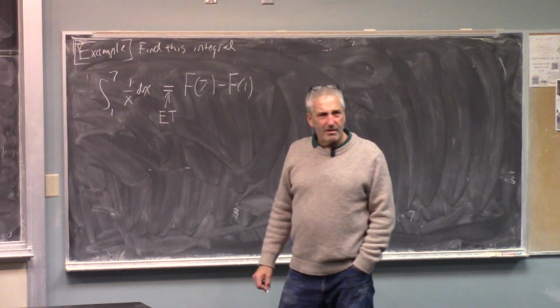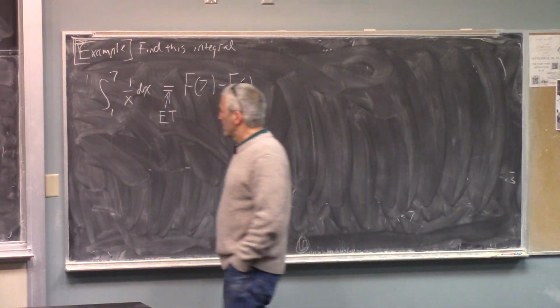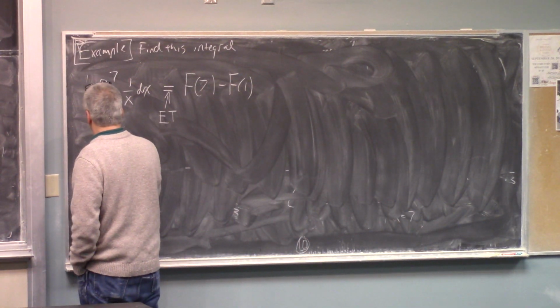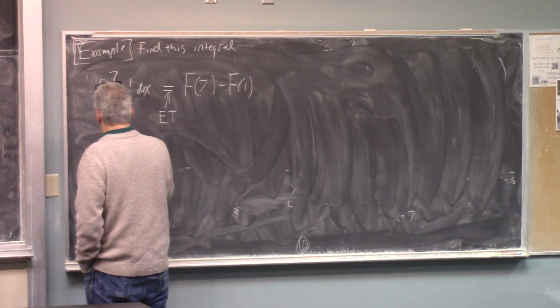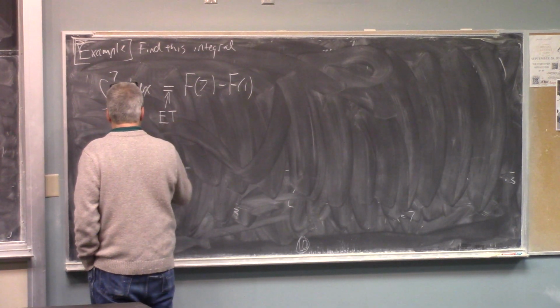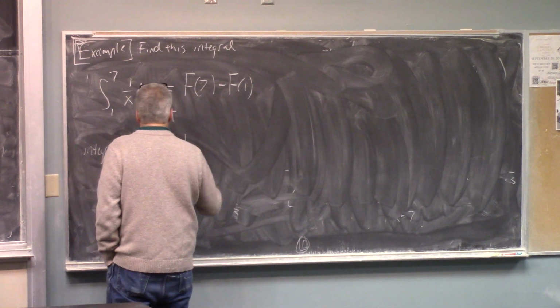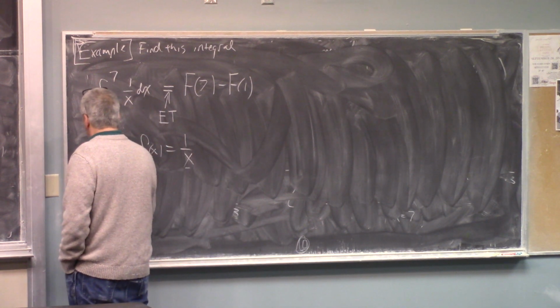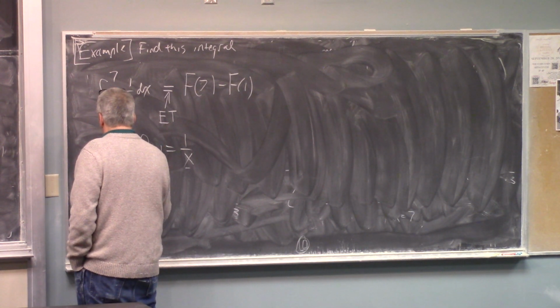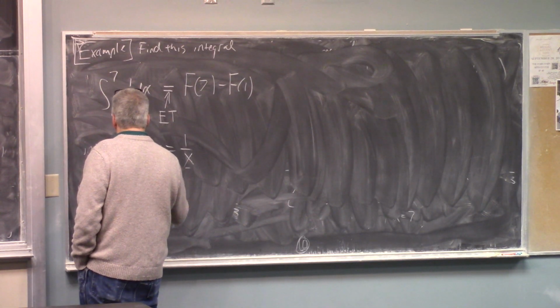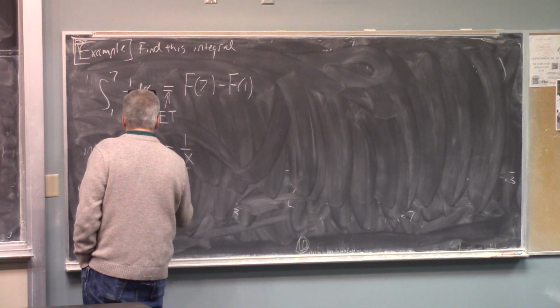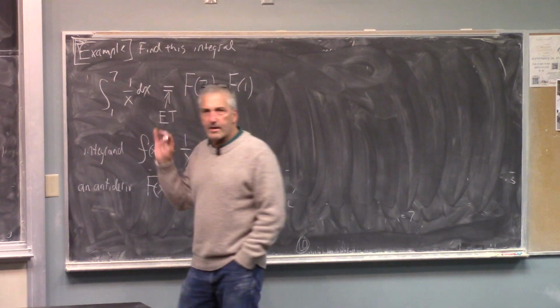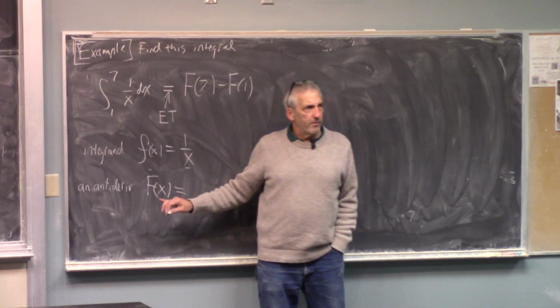Okay, so our integrand, we could call that little f. That's the function 1 over x. So an antiderivative, we're going to denote by capital F. So raise your hand if you remember what's an antiderivative of 1 over x?